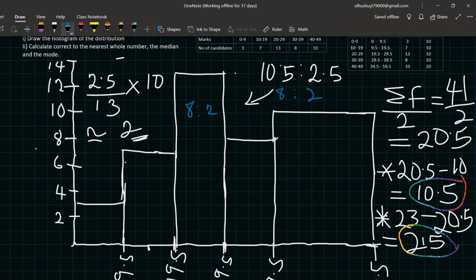Yes, between 19.5 and 29.5 is 10. So this will be 8. So let me just allocate this to be my 8. So what do we have? 8 to 2. Let me clean this. This is 8 to 2. So that implies I can pick this as 8.